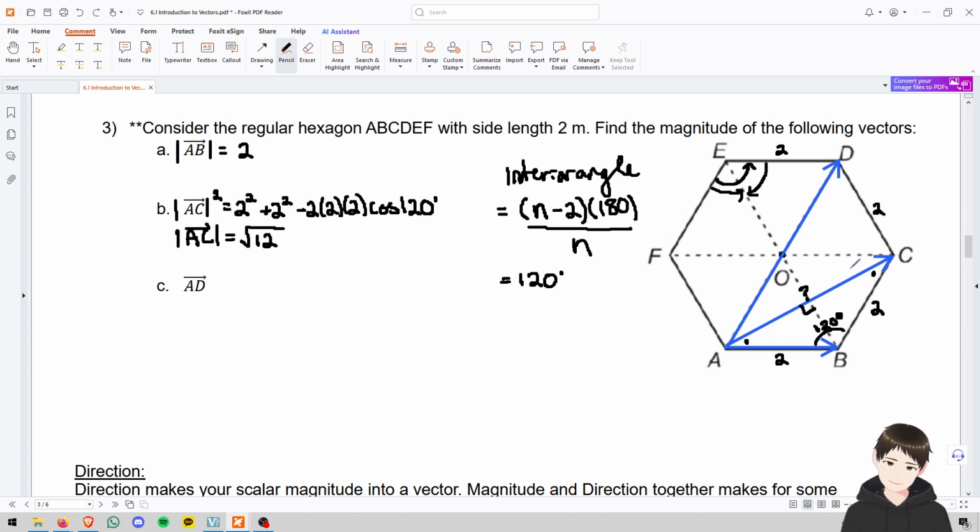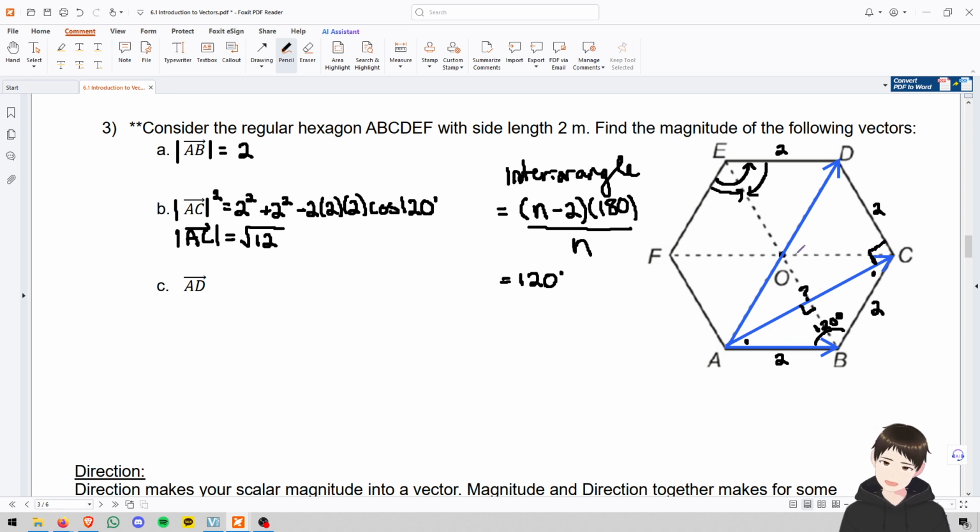How do I know that? Well, remember, if this is 120, that's a 30, and that's a 30. I also know that because this is part of the equilateral triangle, that's a 30. And since this is one corner of an equilateral triangle, this is 60. Together, it makes 90.